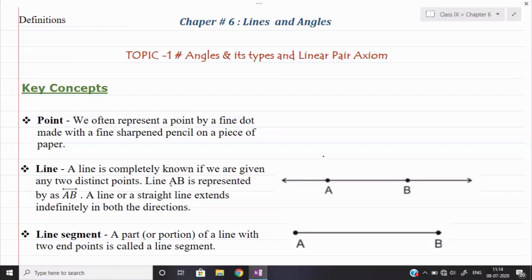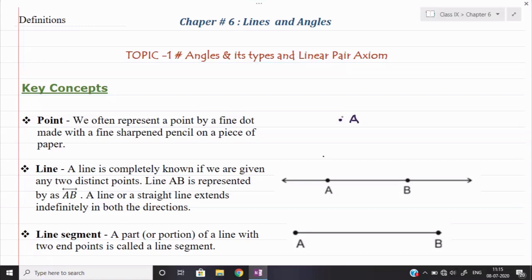For example, if I make a dot on the piece of paper like this, are you observing one dot here, whose name I can give as A. If you tip the pencil on the piece of paper, whatever small dot forms will be called a point in a plane, or a point on the surface.